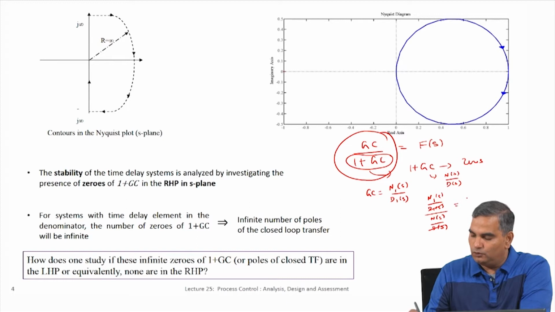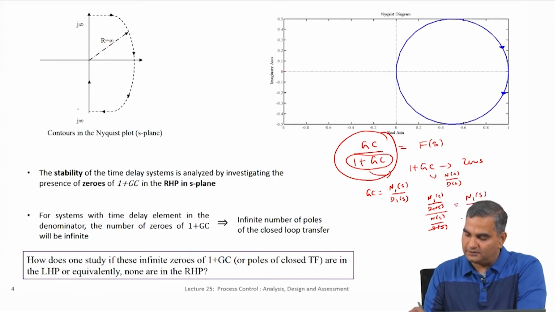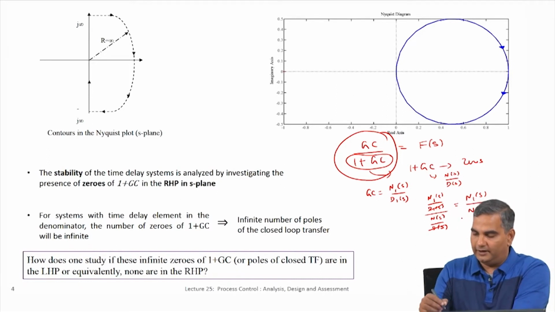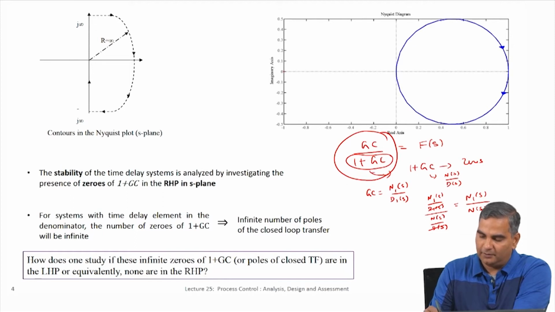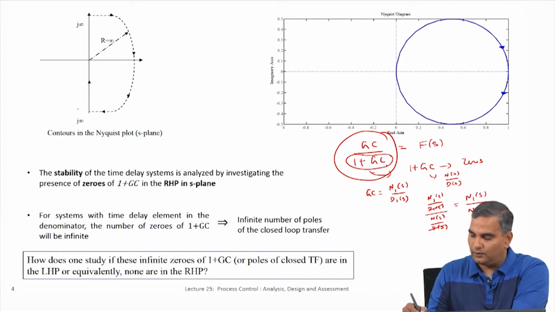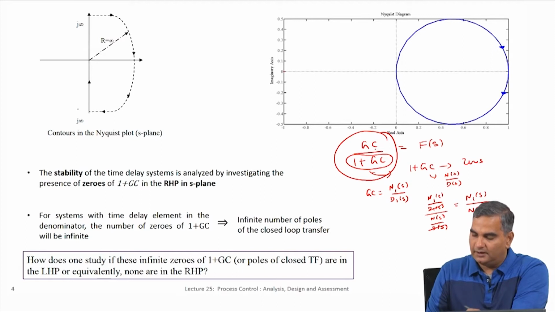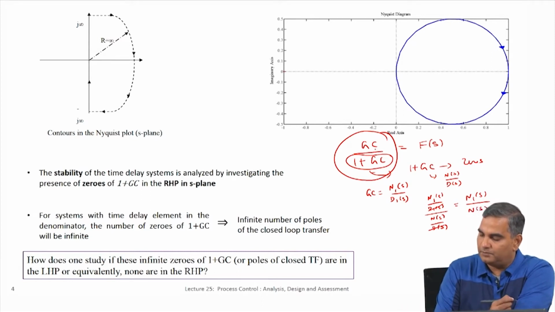So you will have the numerator of Gc by the numerator of 1 plus Gc as the final expression for Gc by 1 plus Gc. Let me explain again. If I write this as N s by D s and Gc as N1 s by D1 s, because we take the denominator polynomial, multiply by this and then divide by the same denominator polynomial, the denominator polynomials of Gc and 1 plus Gc are going to be the same. So they are going to get cancelled. This whole transfer function is going to be the numerator of Gc divided by the numerator of 1 plus Gc.